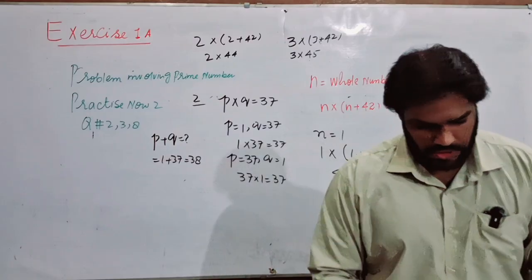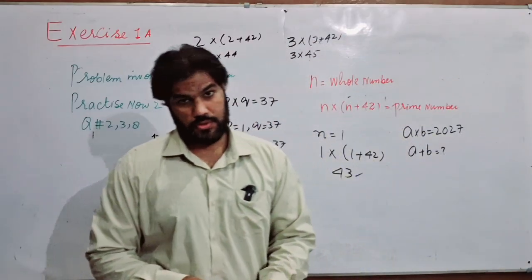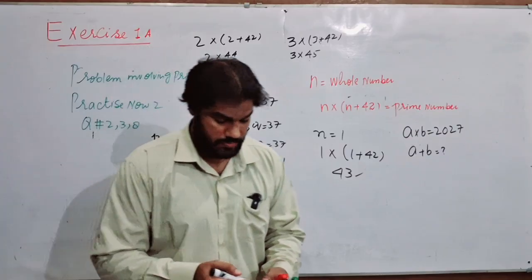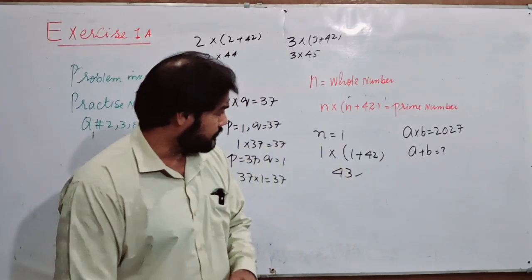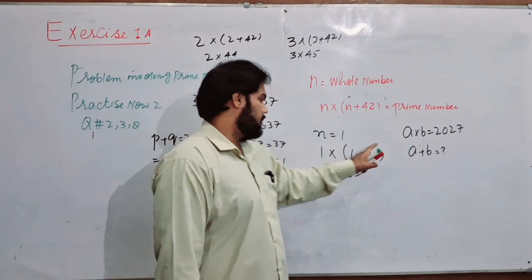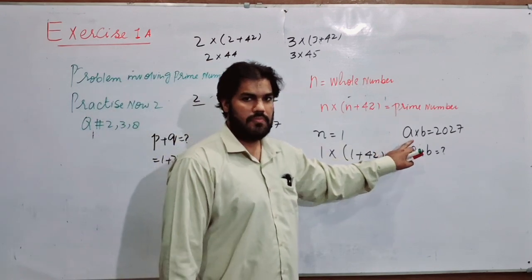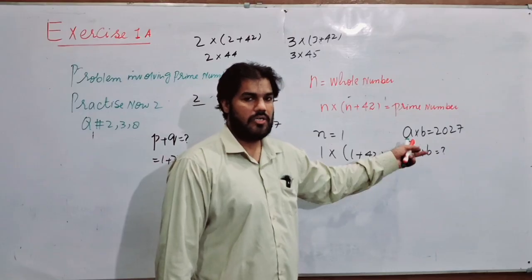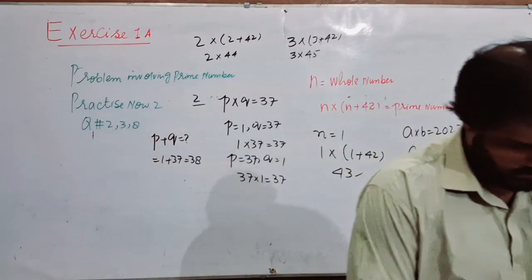In this question, the difficulty is only, is 2027 prime or composite? You have to check whether this number is prime or composite. This number is a prime number. So if your a is 1, then your b will be 2027 and your answer is 2028. That completes the question.